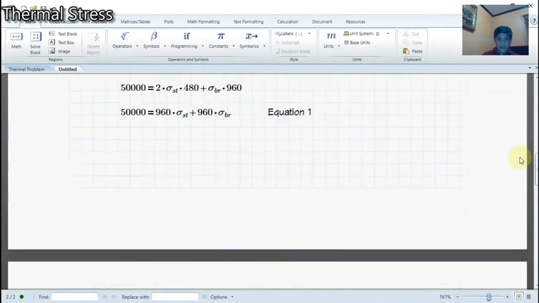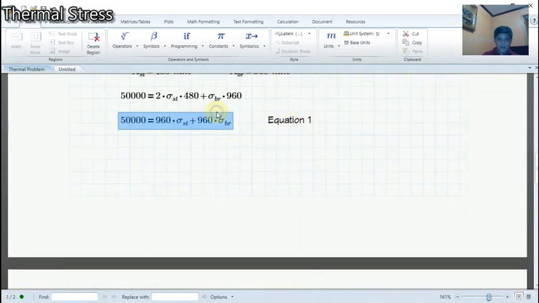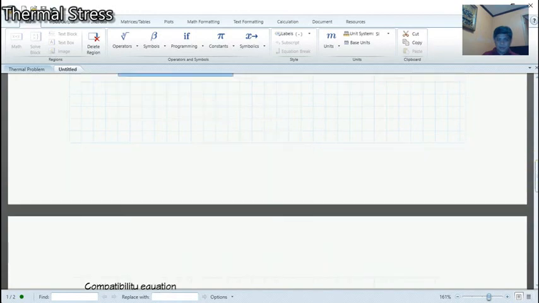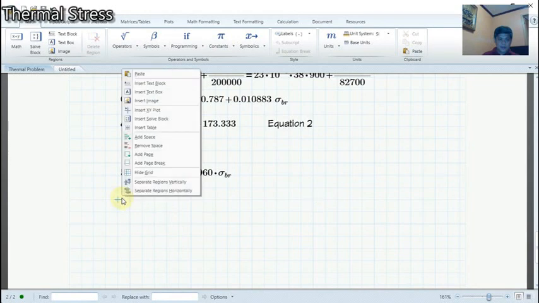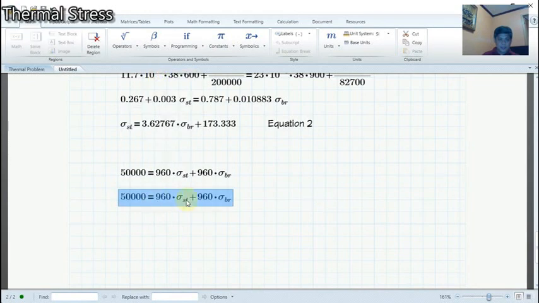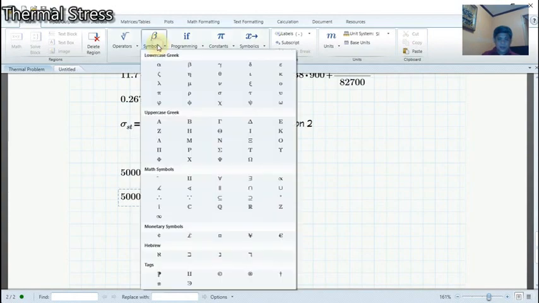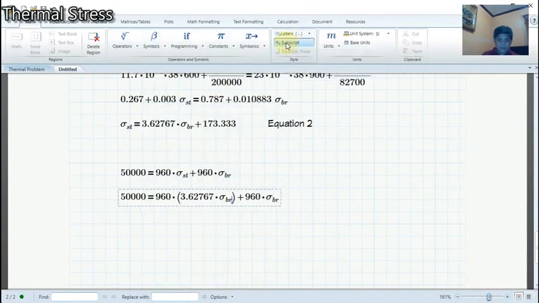Let us bring here equation 1, and then we're going to replace the stress of the steel in terms of that of the bronze, so we have 3.62767 times that of the bronze plus 173.33.